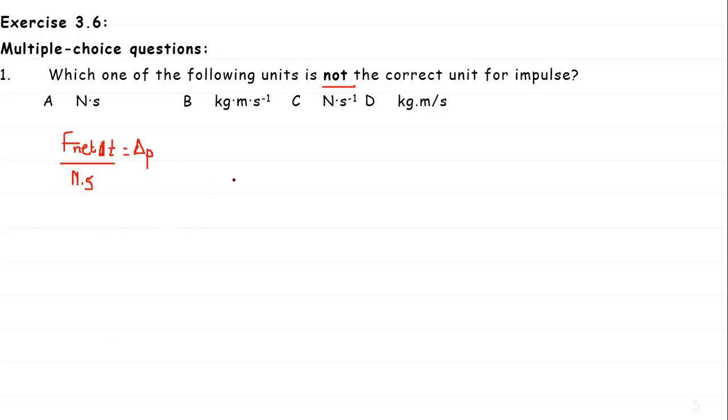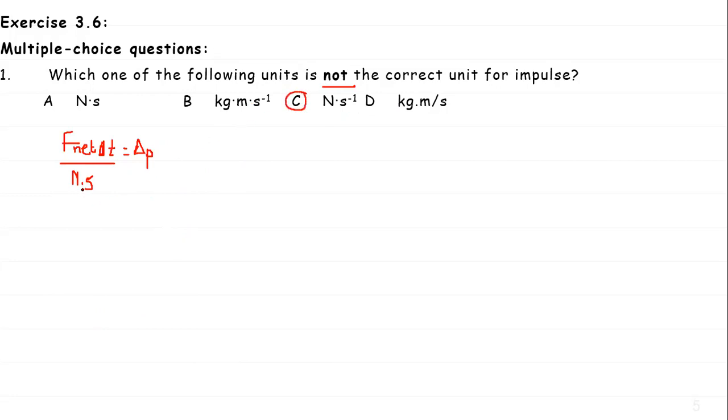Then let us examine the second one. We can see that it is actually equal to the change in momentum. And we know that the change in momentum is measured in kilograms dot meter per second. So it means the second unit is also correct. Then the third unit, we definitely know that it is incorrect. Why is it incorrect?